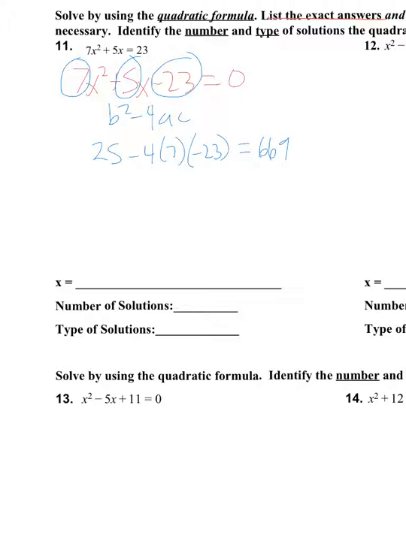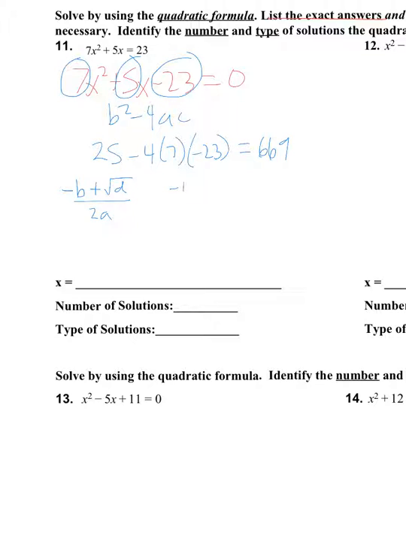So I am now going to write my two exact answers as the opposite of B plus the square root of the discriminant over 2A. Let me write it as 2A, just because I wrote everything else as letters.